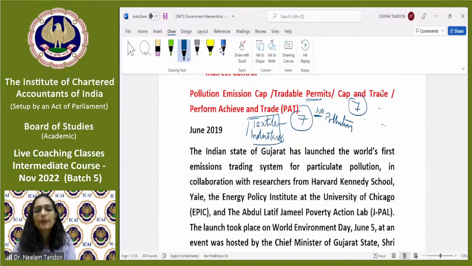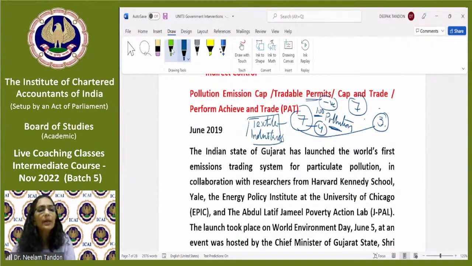If you go over and above, then you have to use your permit. Your permit will be debited. So the number of permits is limited. Now, out of these 7, let's say 4 of them are highly polluting firms, and 3 of them are green.